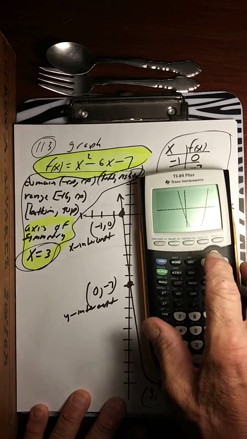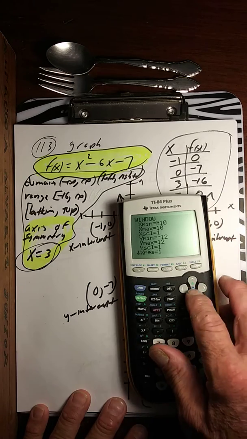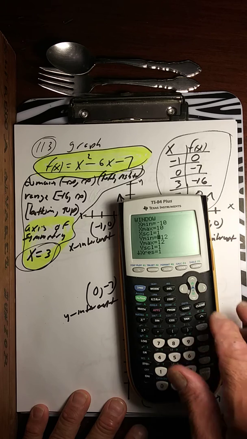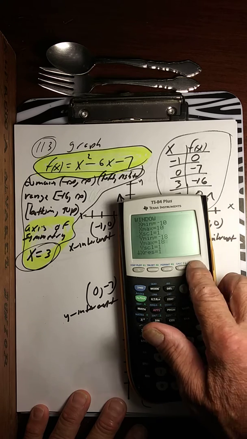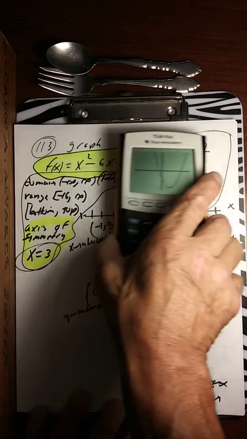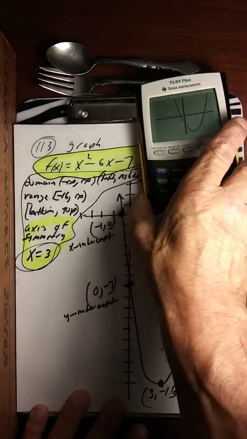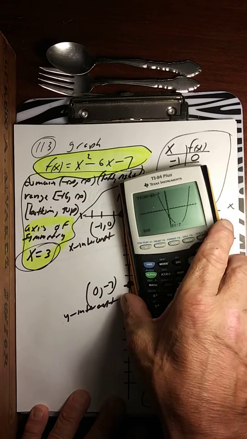So it goes over here somewhere. That's okay. You know what? Let's change the range a little bit. How about negative 18, 18? Let's see if that helps. Yep, that helps. Alright, so the graph goes over here somewhere. Trace, get some points in there if you want to.